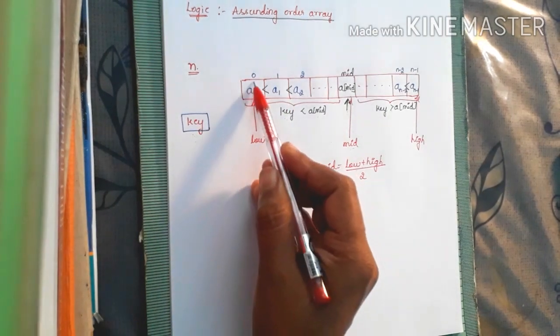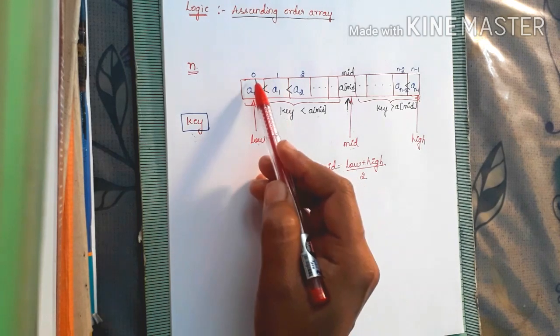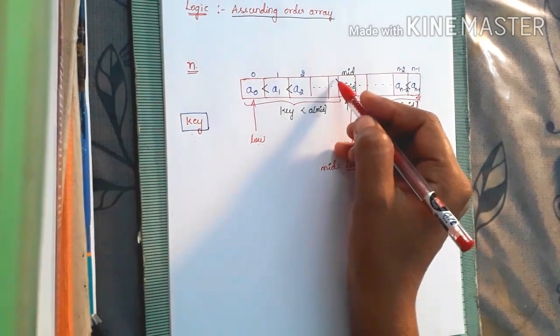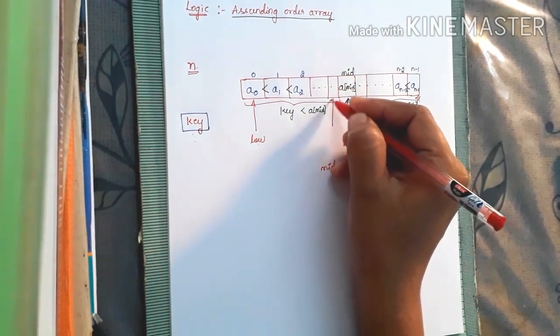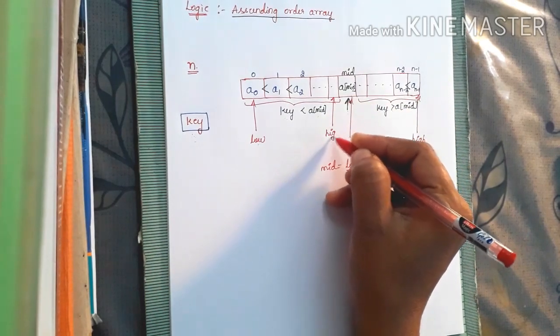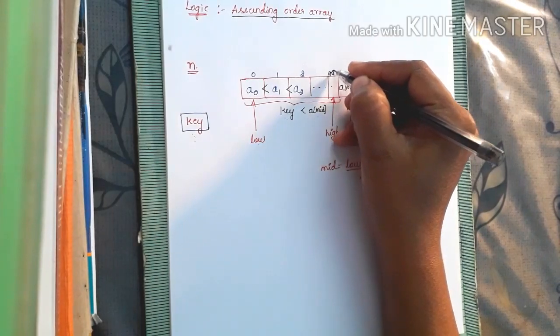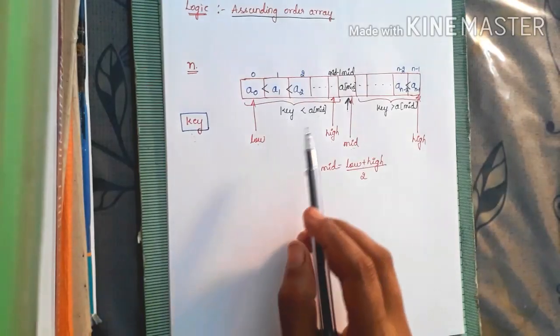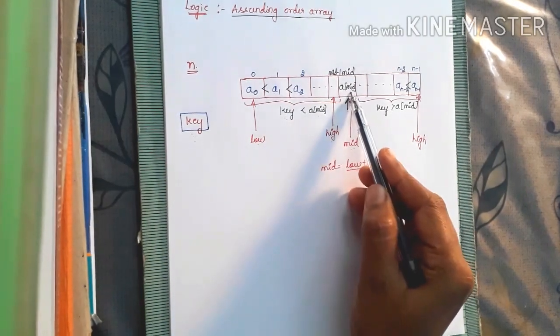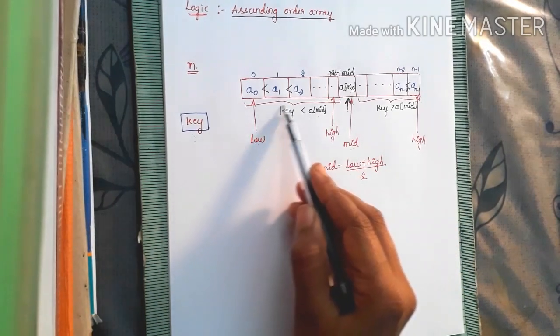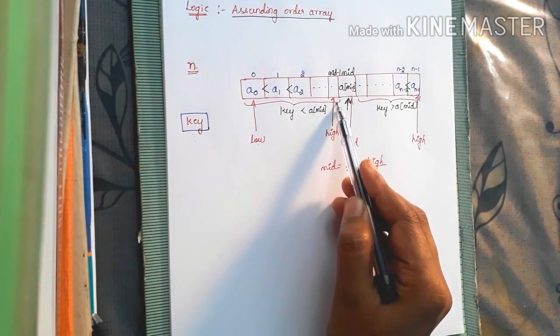So the position of the first element remains the same, that is 0, but the position of the last element is changed, that is the high value is changed. What is the value of high? That is nothing but mid minus 1, because if the key element is less than mid, we need to search only the first half of the array.